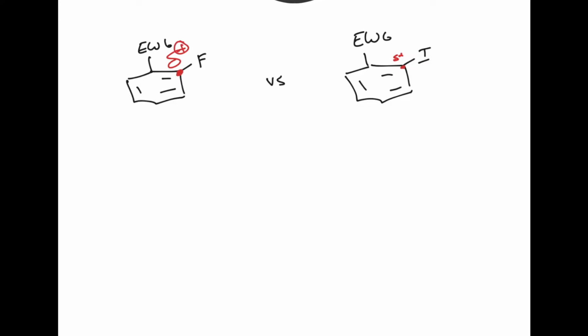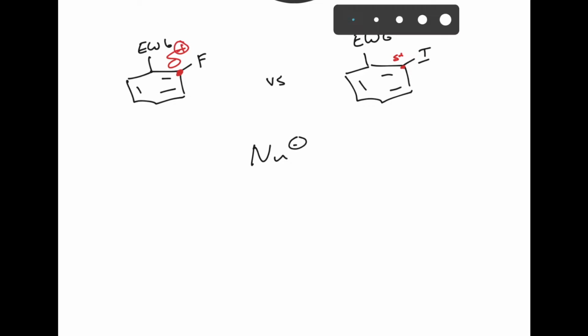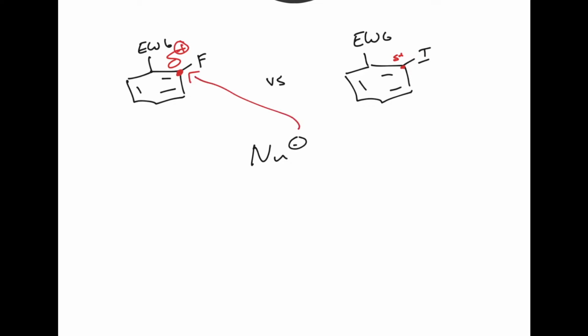If you're the nucleophile, the nucleophile's job is to add to the most positive thing it can add to. So are you going to rather add to the carbon that's got the fluoride on it, a big positive, or the carbon that has the iodide on it, that's still going to be itty bitty teeny tiny positive? You're going to want to add to the most positive carbon that you can, right?